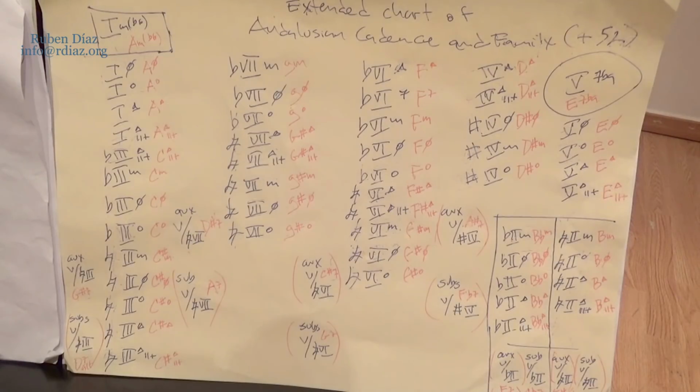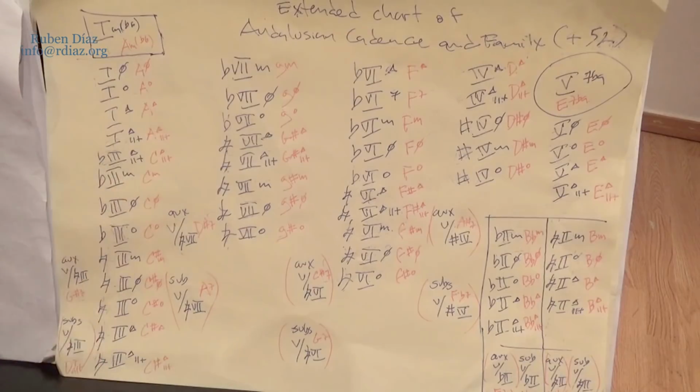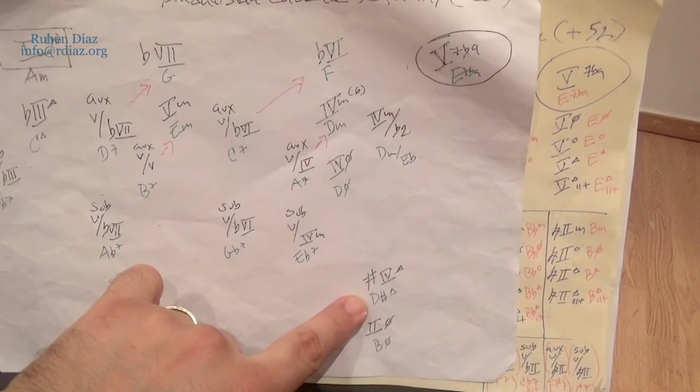third minor, 4 minor, and 7 flat 9. To keep it simple, there can be many things, because right here we are in the same zone of the sharp 4 major chord, which I wrote on the first page, D sharp major, major 7.